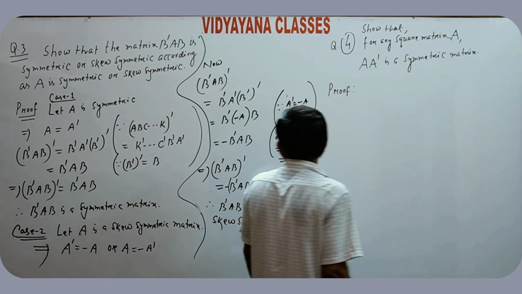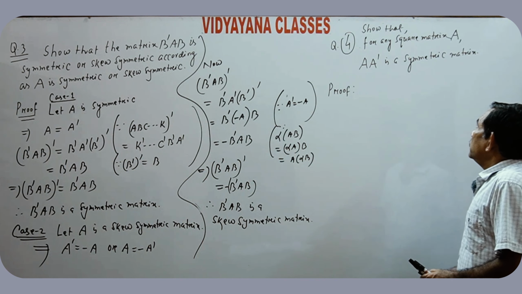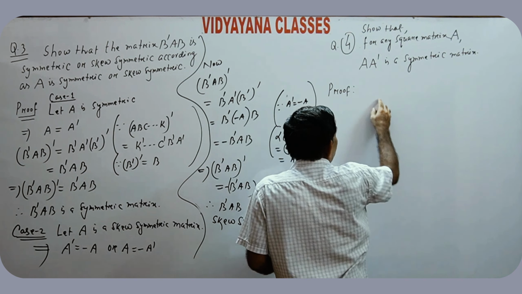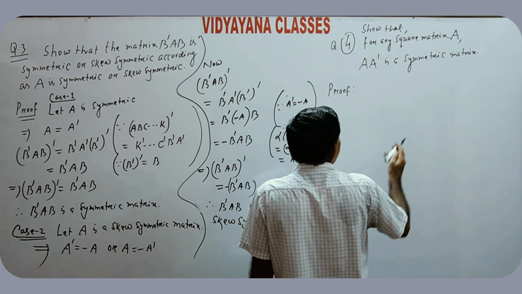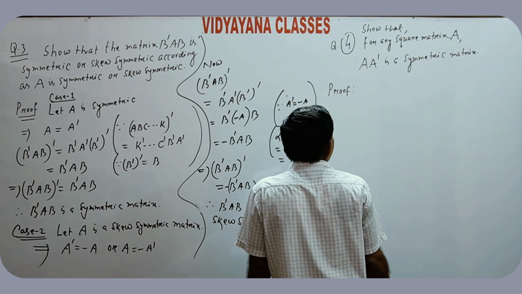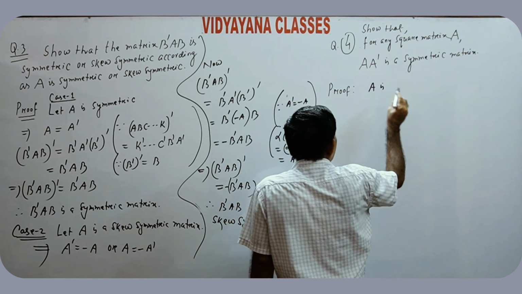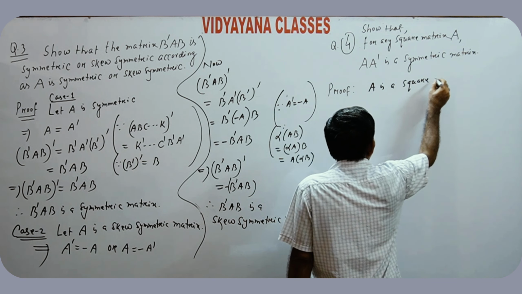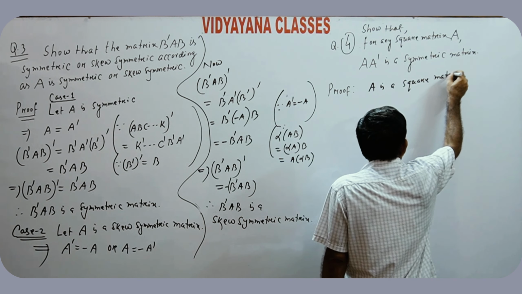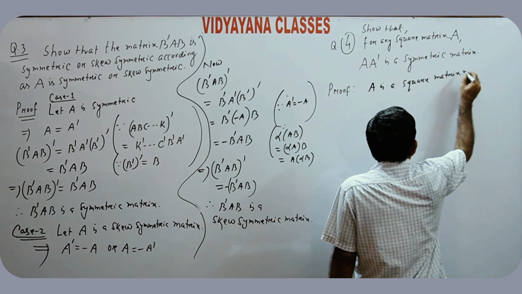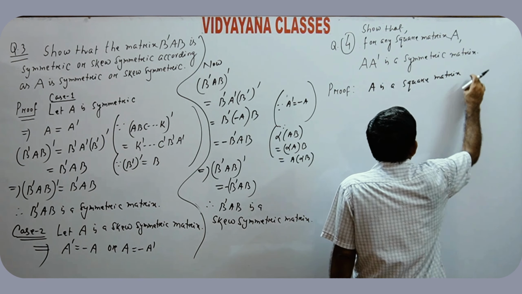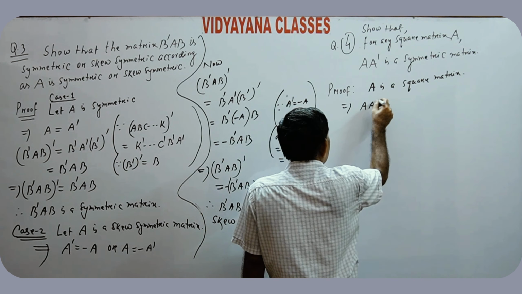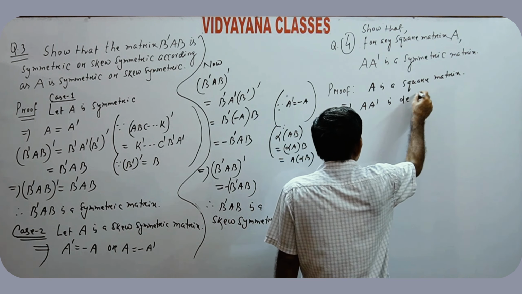Next, question number 4. Prove that for any square matrix A, A A transpose is a symmetric matrix. Very easy question. A is a square matrix, which implies A transpose is defined.